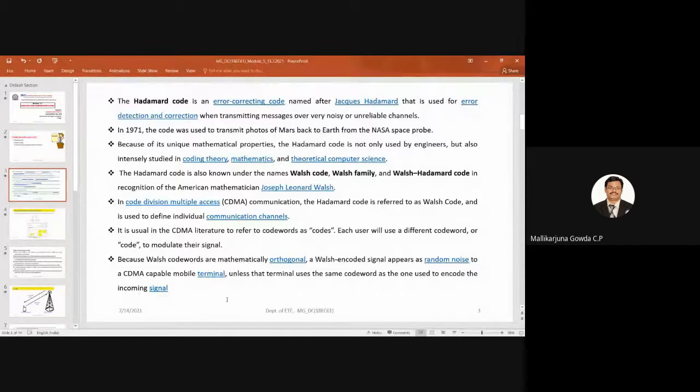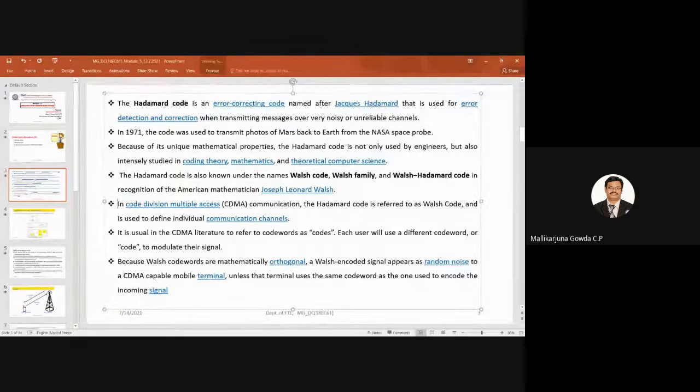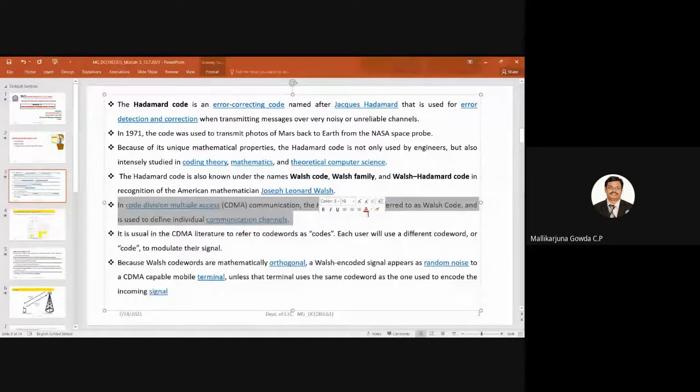In CDMA communication, the Hadamard code is referred to as Walsh code and is used to define individual communication channels. So this sentence is important. Means how I use this Hadamard code in a communication system is that it is referred to as Walsh code and is used to define the individual communication channels. Depending upon the length of this Walsh code, I can say how many communication channels are there in that particular system.